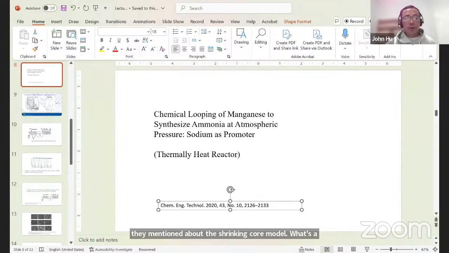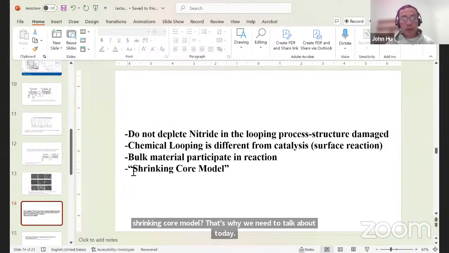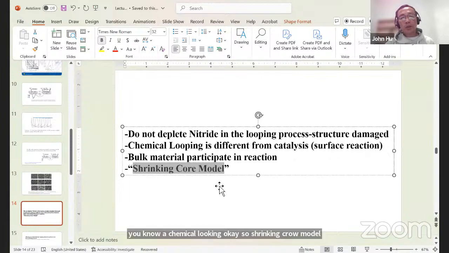It's very popular in chemical looping. Okay, so the shrinking core model. Okay. So what is shrinking? Before this shrinking core model theory was developed, let's take a look at the traditional catalysis.